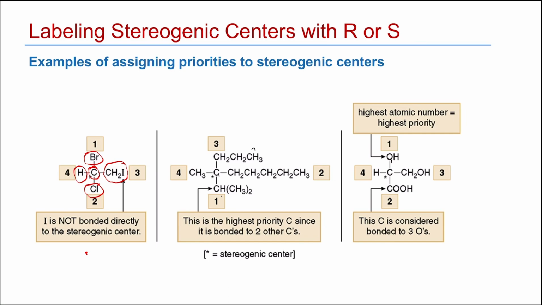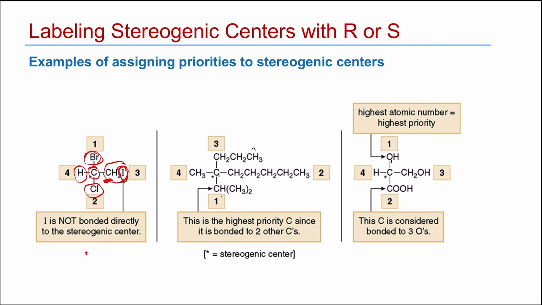So you always need to look at the atoms which are directly attached to your stereogenic center. So which one will have the highest priority? Bromide will have the highest priority because it has the highest atomic mass in comparison to the chloride and the carbon. We don't look at the iodide here because this is not the first point of difference. The first point of difference is the first atom attached.